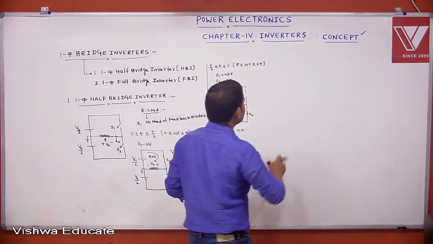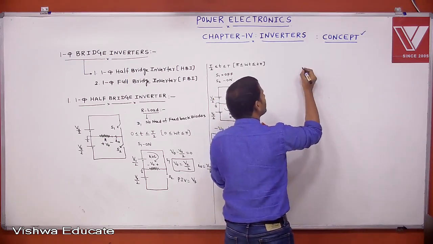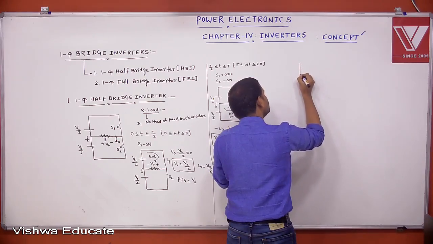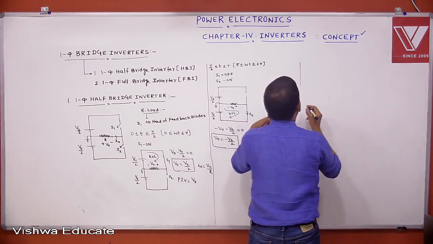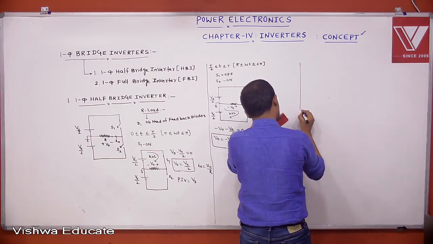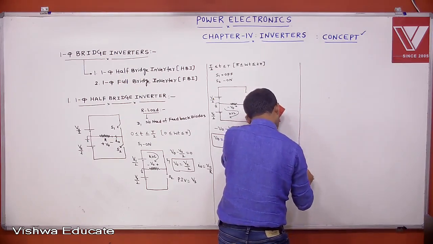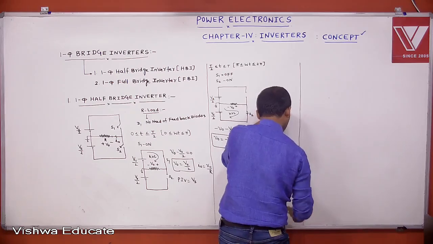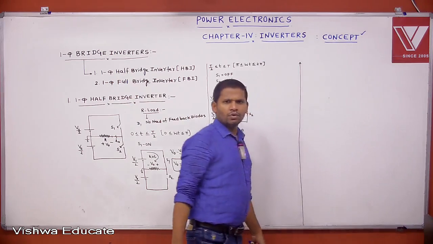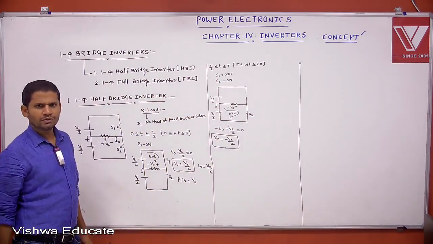Now based on this, you draw the waveforms, then you get an idea how we are getting the waveforms. Just follow these waveforms, parallelly draw the waveforms. Don't wait. First you note this, then I will draw the waveforms.